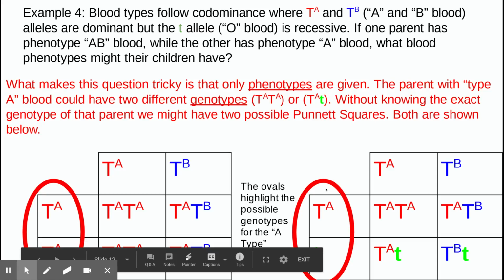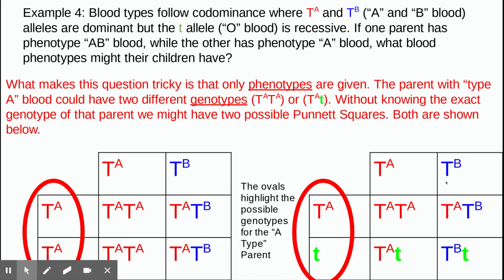One that represents A blood type, where they're homozygous for A, and one that represents A blood type where they're heterozygous with 1 recessive allele as well, with the A dominating that recessive allele. So you see where both of these still meet the requirements in the original problem. And so we need to look at all the possible combinations of kids in both Punnett squares.